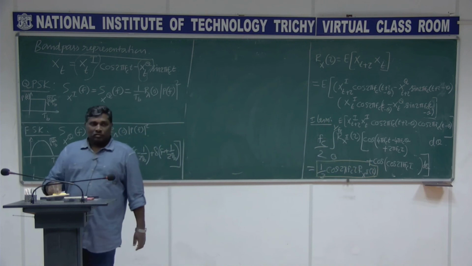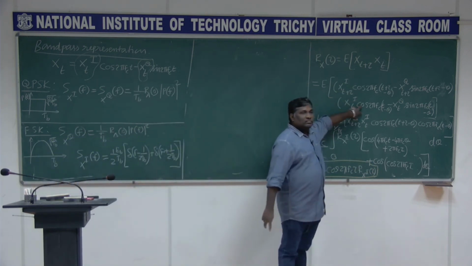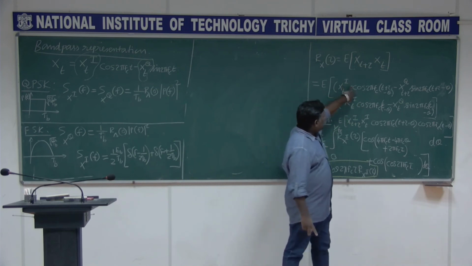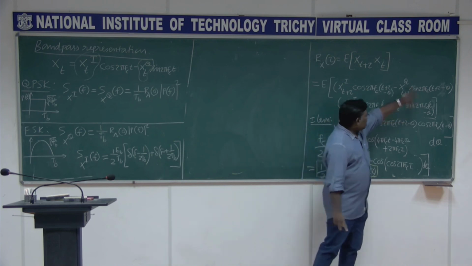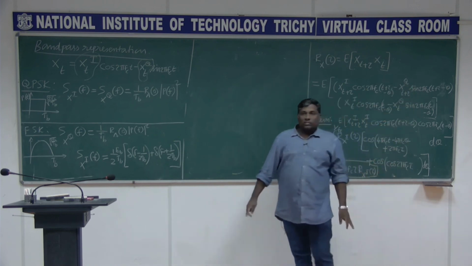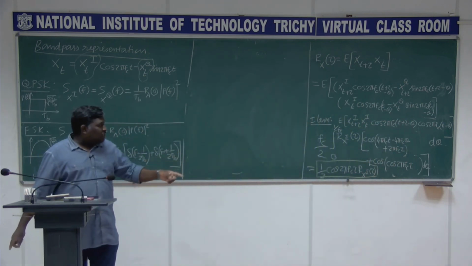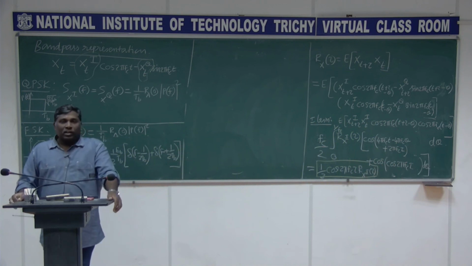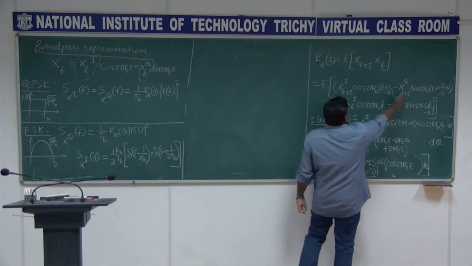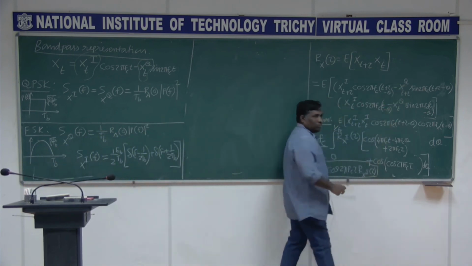So this is just taking this with this. If I take this with this, you get a similar term. This with this, you get another term. This and this, you get the 4 terms we will get, isn't it? So I have just derived the expression for the first term. So when you do this one, we have this Rxi and Rxq.